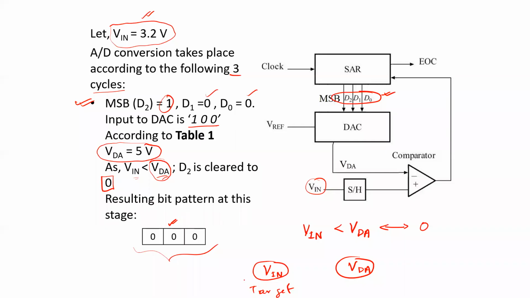So if Vin our target is 3.2 volts and we are now at 5 volts, we are ahead of the target. So in order to reach the target, we need to decrease the value of VDA so that we can have a bit pattern that is closer to this target of 3.2 volts in this case.